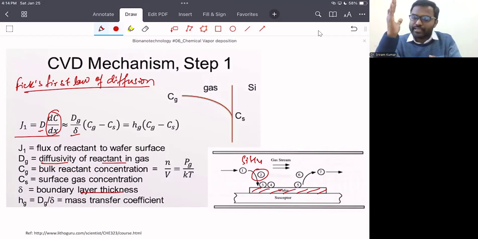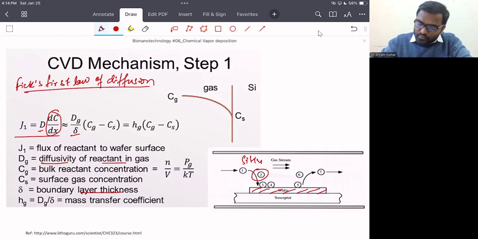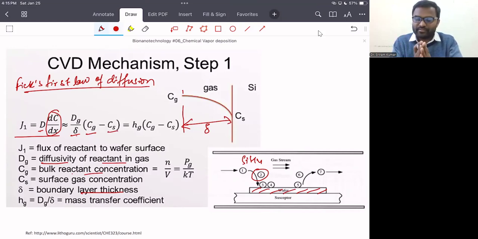Here you have your silicon wafer, and gaseous molecules coming and depositing on the surface. So from here to there, you have such a boundary condition, and there is the delta. Here Dg is the diffusion coefficient of the gas, and this is the boundary layer thickness. Cg is the reactant concentration in the bulk, and Cs is the concentration of that precursor at the surface.